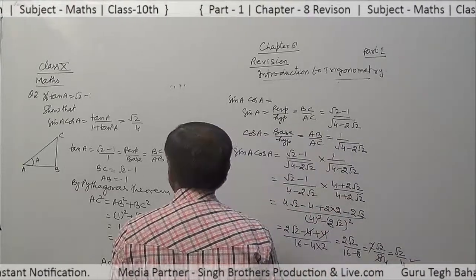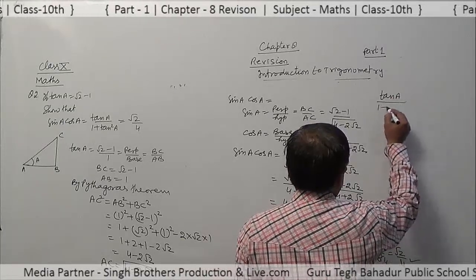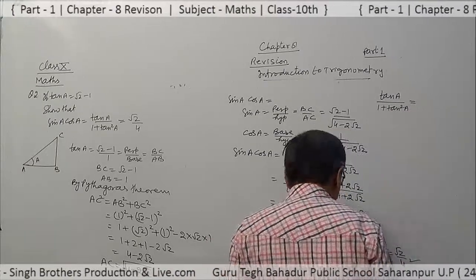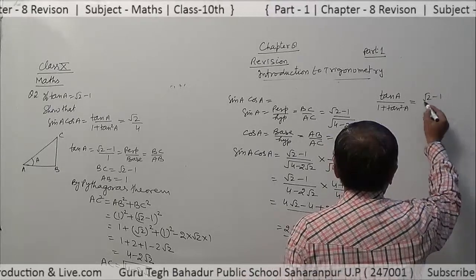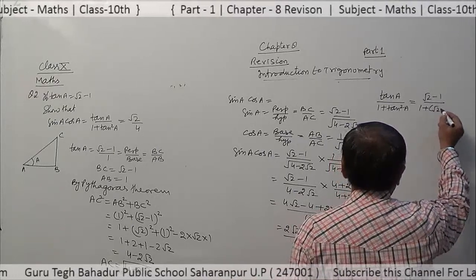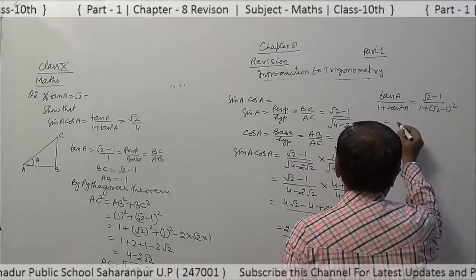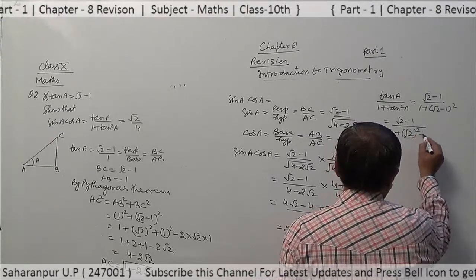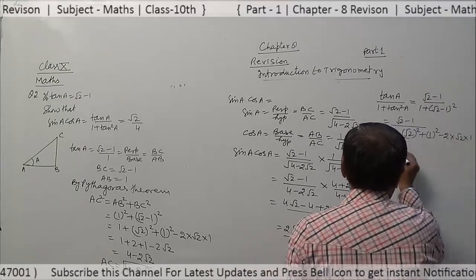First proof is there. Second proof is tan A upon 1 plus tan square A. Tan A is given to you. 1 plus tan square A, root 2 minus 1 whole square. So it will be root 2 minus 1, a square plus b square minus 2ab.